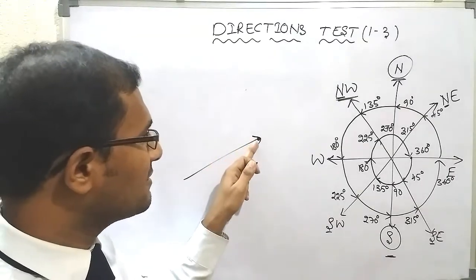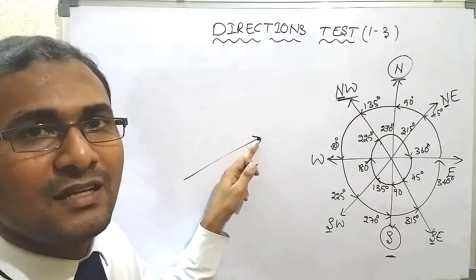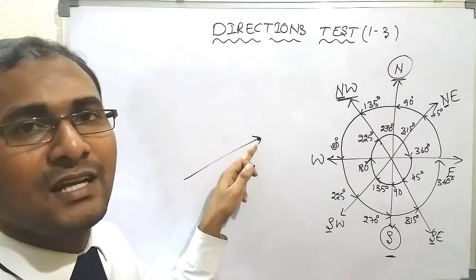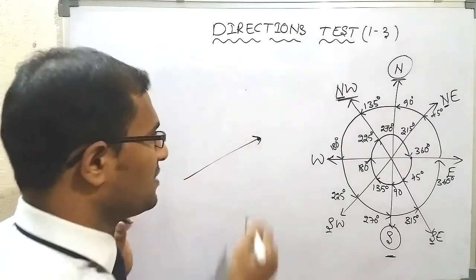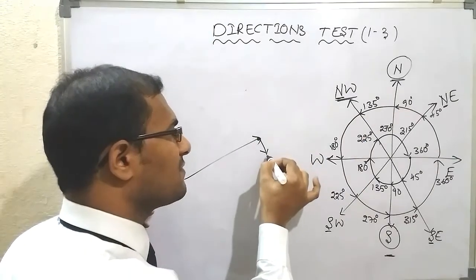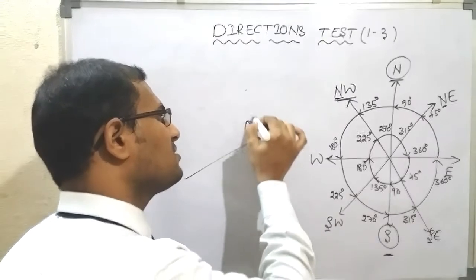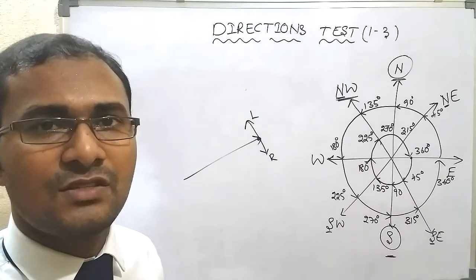If you are standing here, what is your right hand side and what is your left hand side are nothing but the right hand side and left hand side for that particular person. So if you are standing here and facing towards northeast, obviously this is your right, and this is your left.